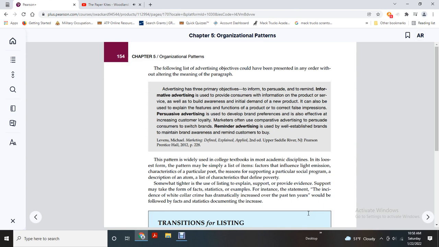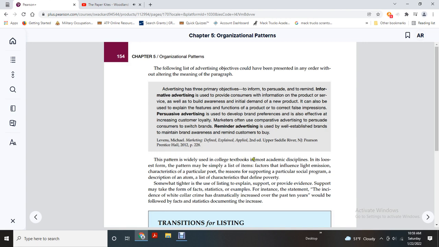Persuasive advertising is used to develop brand preference, but is also effective in increasing customer loyalty. Marketers often use comparative advertising to persuade consumers to switch brands. Reminder advertising is used for well-established brands to maintain brand awareness and remind customers to buy. Levine and Michael, Reading Meaning: Define, Explain, and Apply, second edition, Upper Saddle River, New Jersey, Pearson Prentice Hall, 2012, page 228.